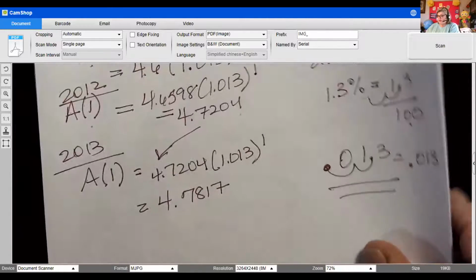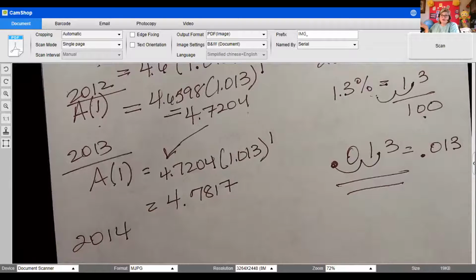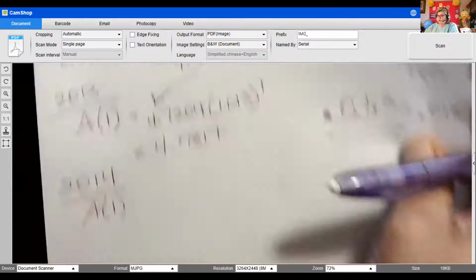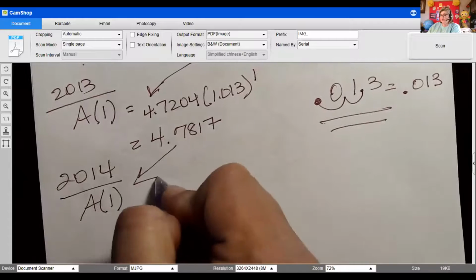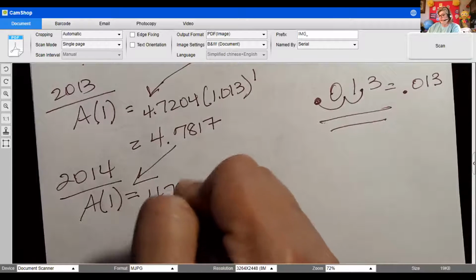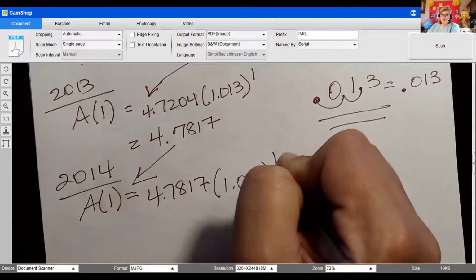And then finally, 2014, which is the actual year that we were looking for to start with. So we're going one more year into the future. We're going to use the amount that we just calculated for 2013, 4.7817 times 1.013 raised to the 1.